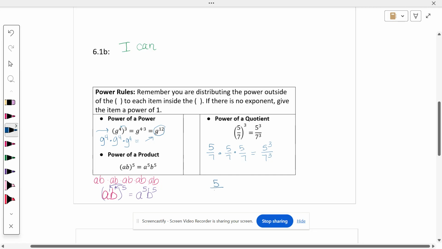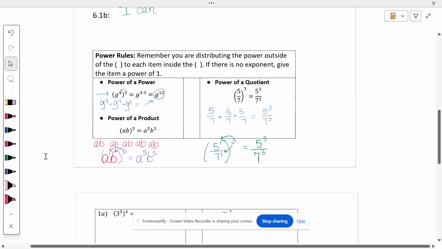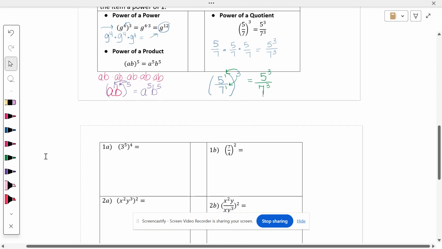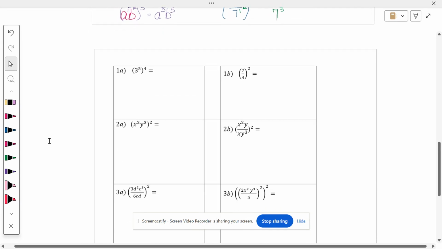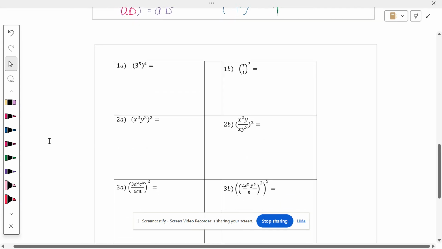But when I use the quotient rule, I don't have to expand it, because remember that I can give each one of these numbers a power of 1. 3 times 1 is 3, so that gives me 5 to the 3rd over 3 times 1 is 3, 7 to the 3rd power. So we're distributing the power, remembering that if there is no exponent, we give it a power of 1.